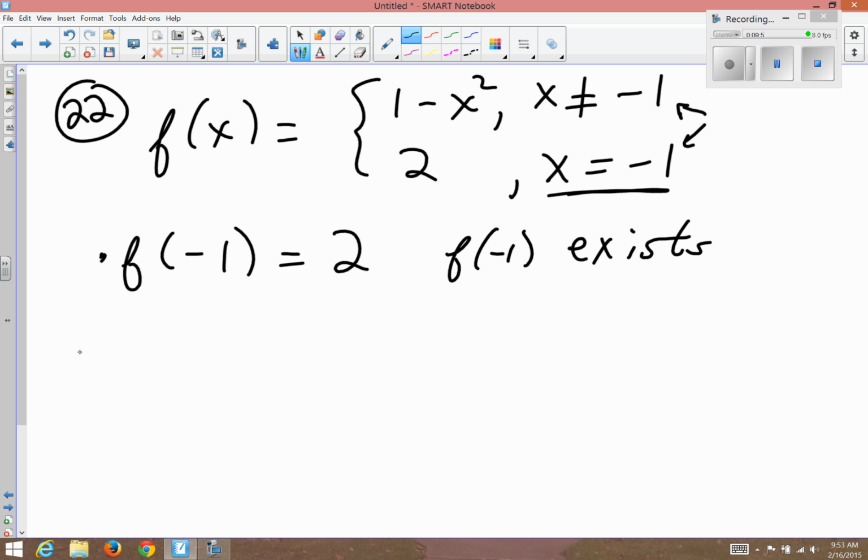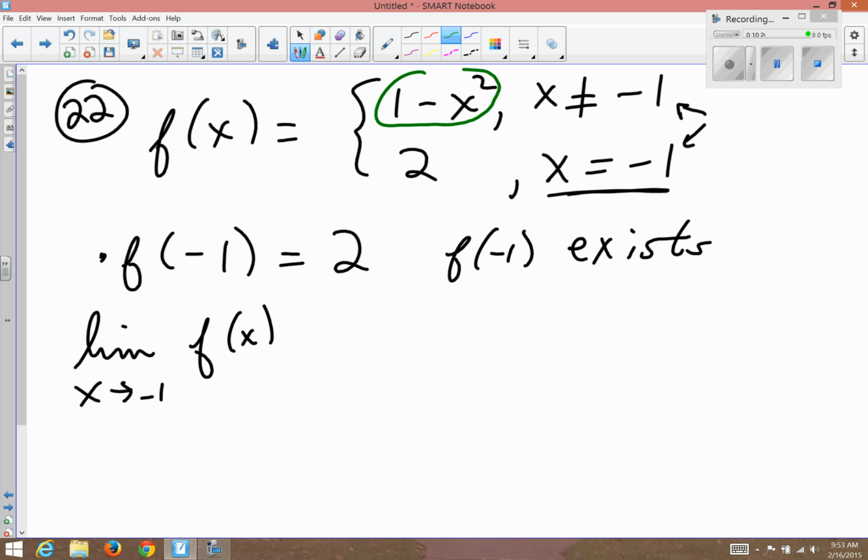Does the limit of f of x as x approaches negative 1 exist? Well, on the right side of negative 1, this is f of x. This in the green is also f of x on the left side of negative 1.